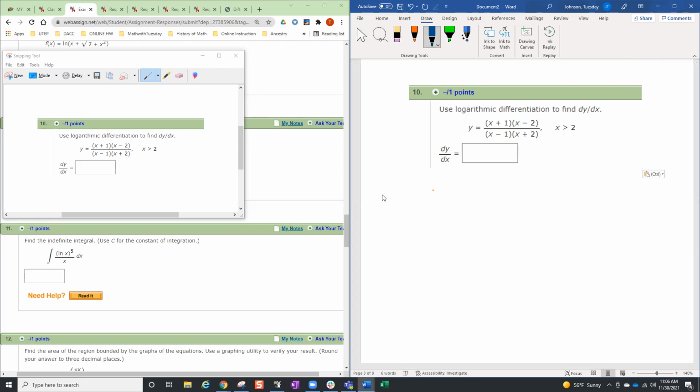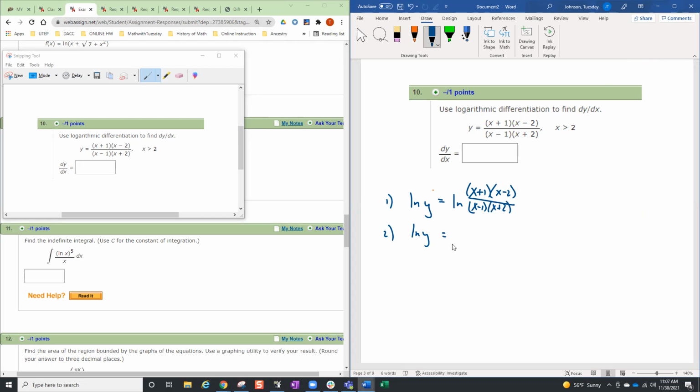Use logarithmic differentiation. We have 3 steps. Step 1, throw a natural log in front of both sides. Step 2, simplify that right-hand side.